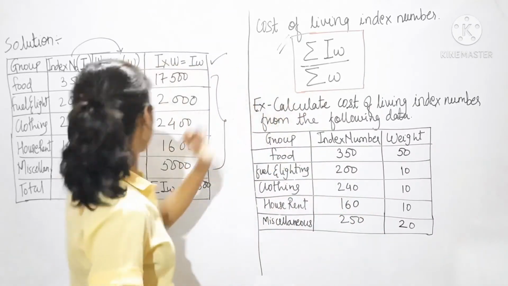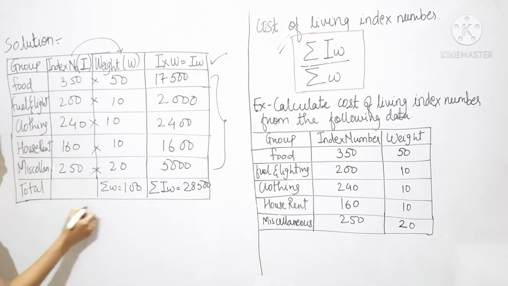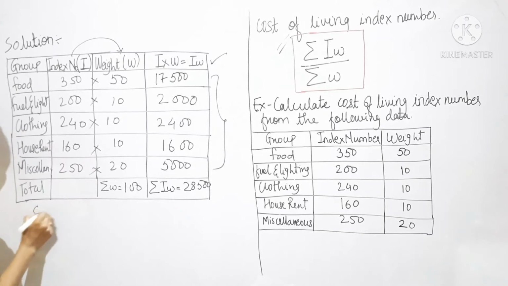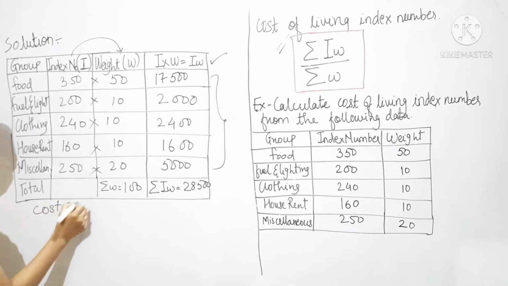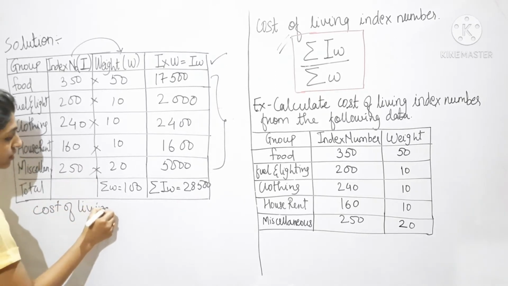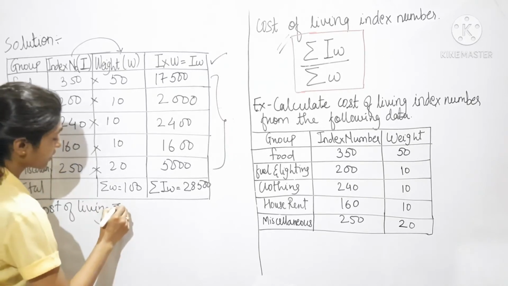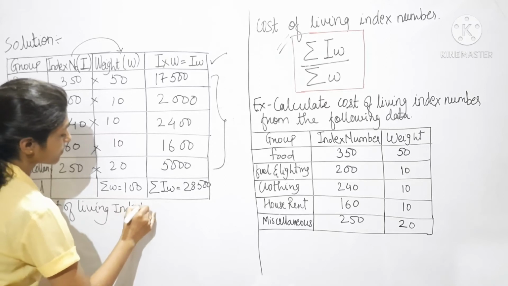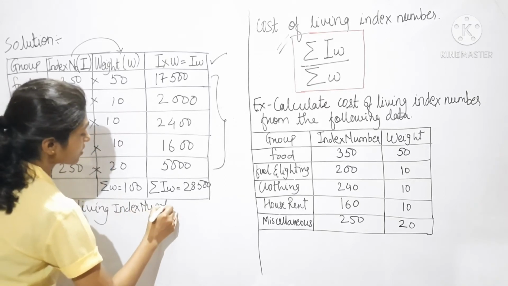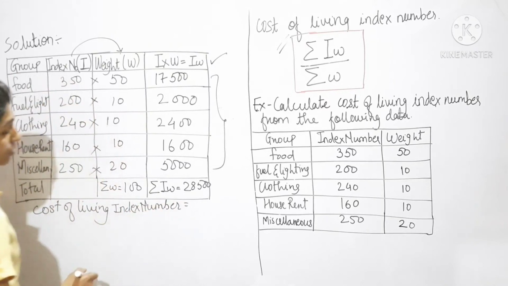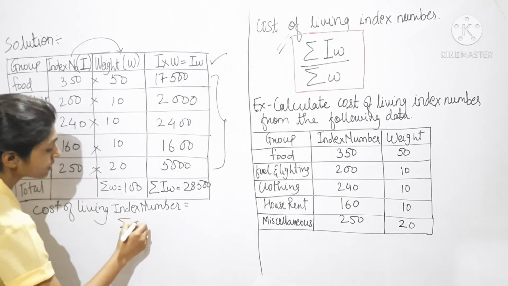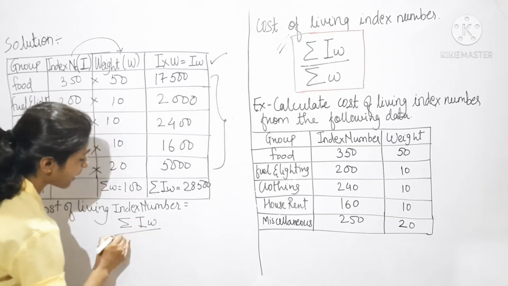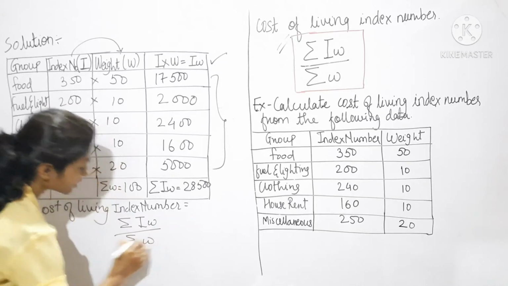Now write the formula: cost of living index number is equal to summation IW divided by summation W.